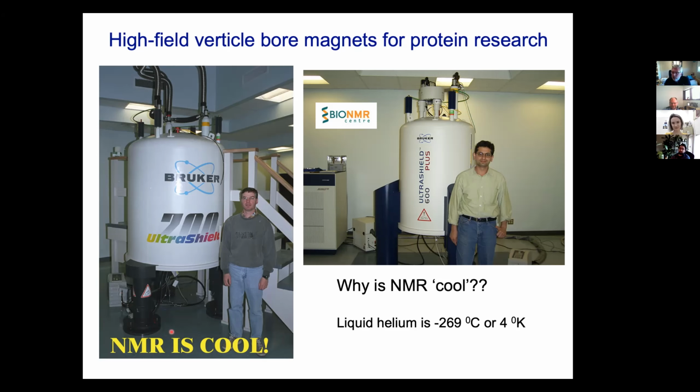So we're uncool. But NMR spectrometers are cool because they operate at 4 degrees Kelvin, 4 degrees above absolute zero. That is minus 269 degrees Celsius. That's pretty cool, right? Now, liquid nitrogen, which some people like to talk about, is also cool, but not anywhere near as cool as liquid helium.